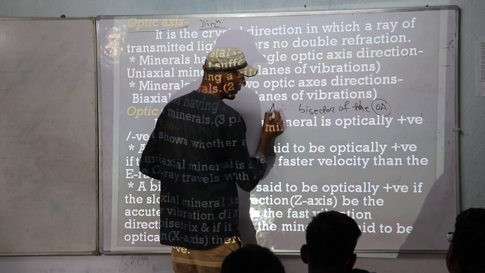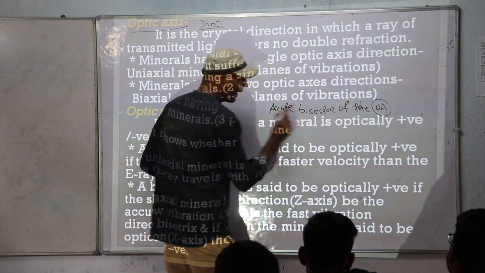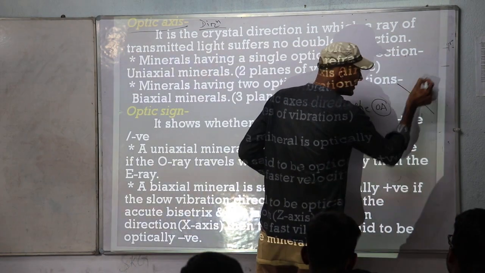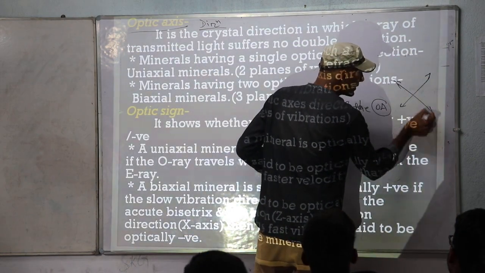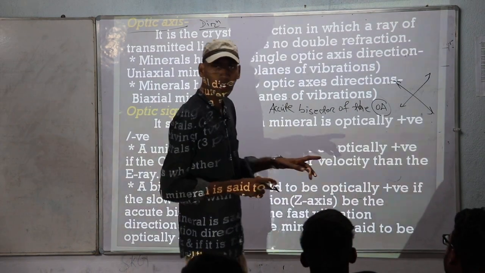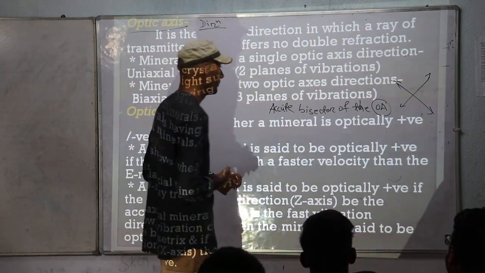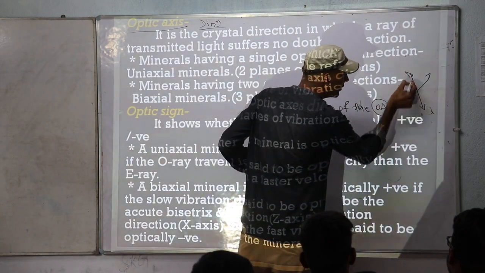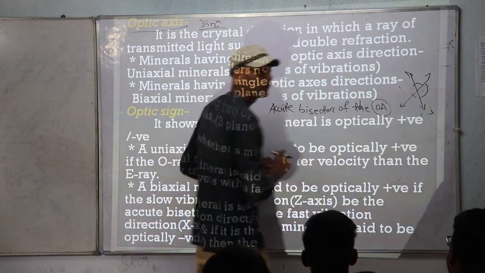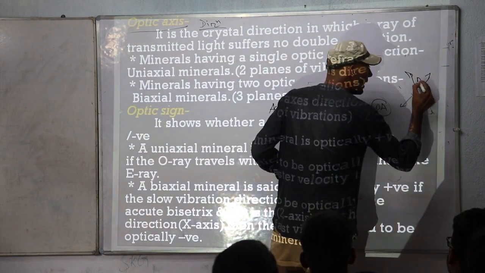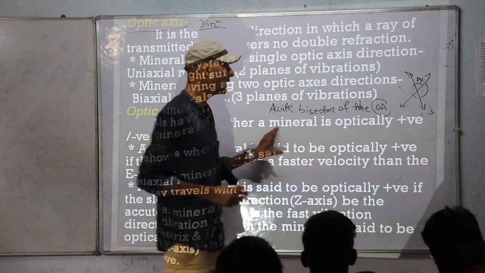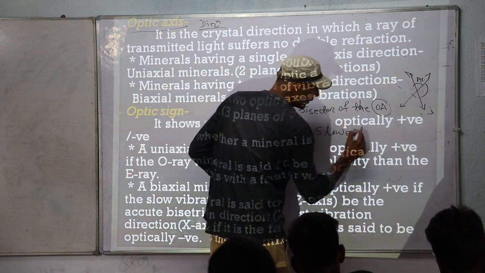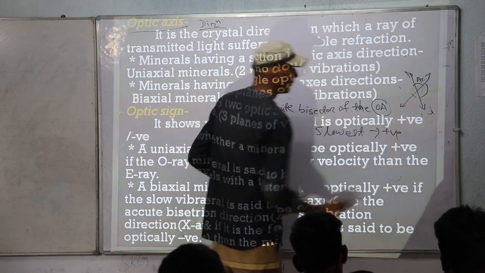You can see when there are two optic axes, they produce one acute angle and one obtuse angle in between them. So this is the acute angle, this is the obtuse angle, right? The bisector of the acute angle is the acute bisector of the optic axes. So if the acute angle is bisected by the slowest vibration direction, then the mineral is positive.